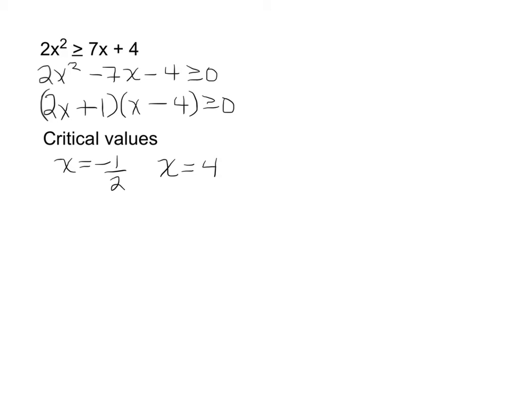Once we have them, we're going to put them on a number line. And we're going to draw closed dots this time at our critical values. Why are they closed? Because it equals. It's greater than or equal to, not just greater than.